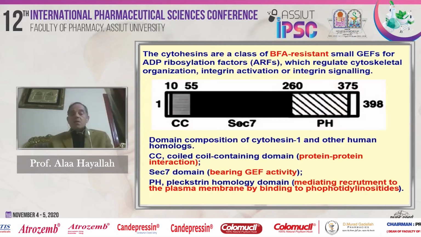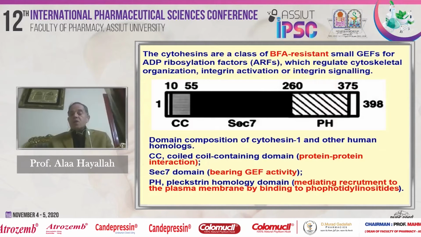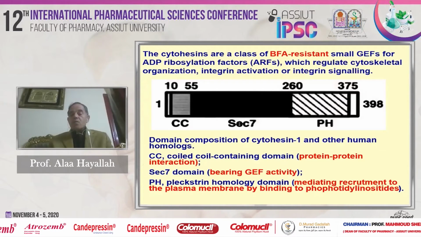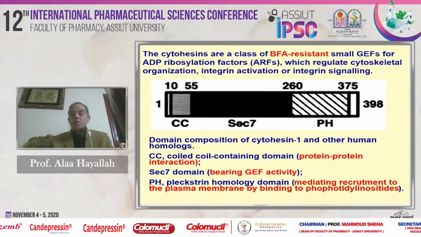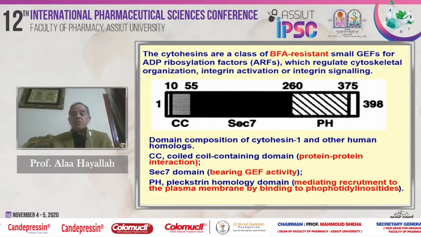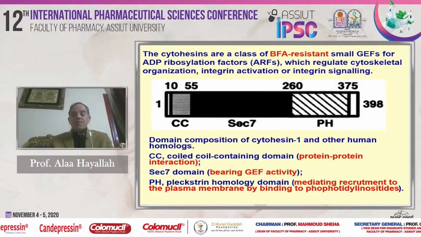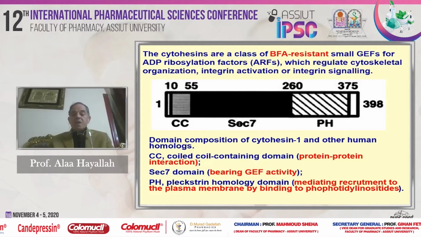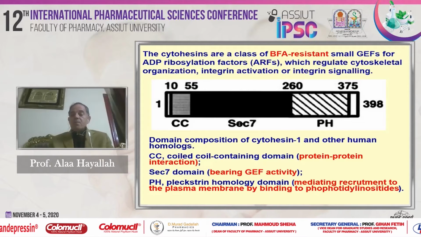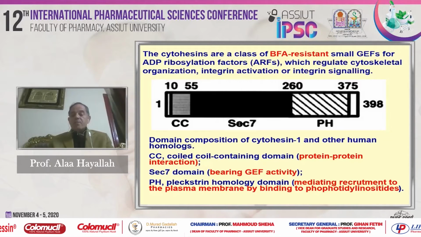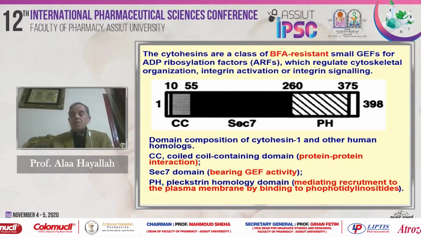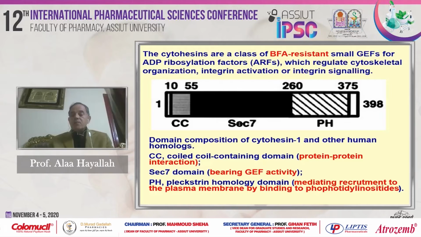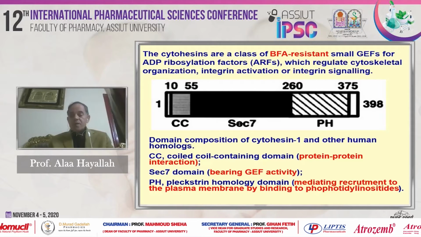As you see, the domain composition of cytohesin 1 and its human homologs consists of a coiled-coil domain for protein-protein interaction, the Sec7 domain bearing GEF activity, and a PH pleckstrin homology domain mediating recruitment to the plasma membrane by binding of phosphoinositides.